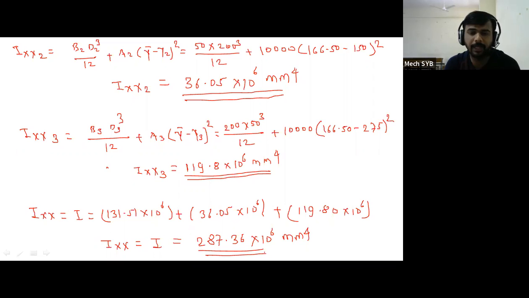Both answers will be correct, only there is a change in the point. This capital I represents the total moment of inertia of the entire unsymmetrical I section.